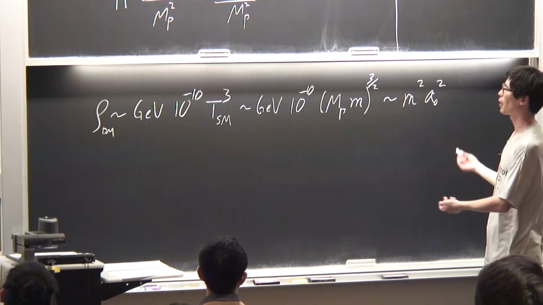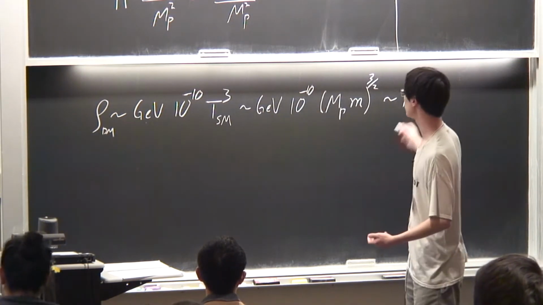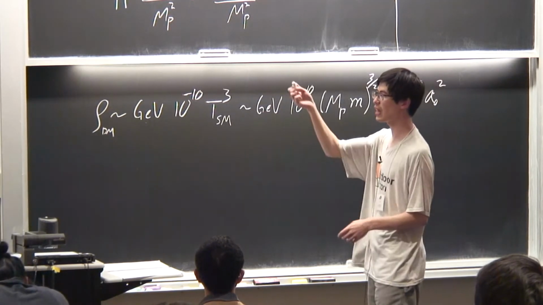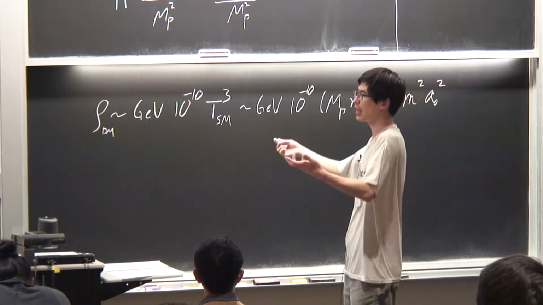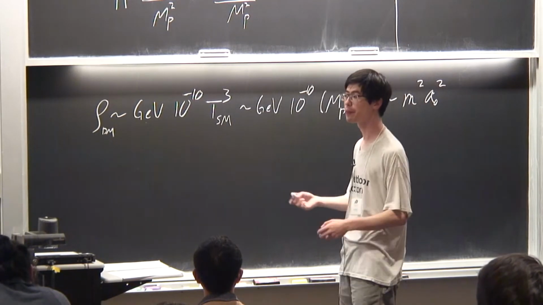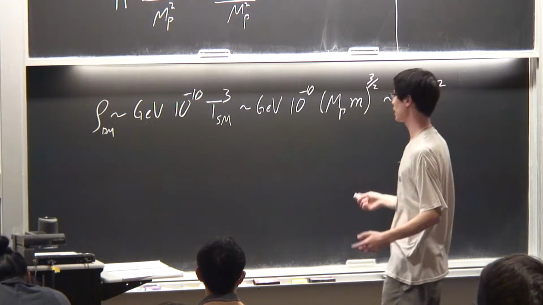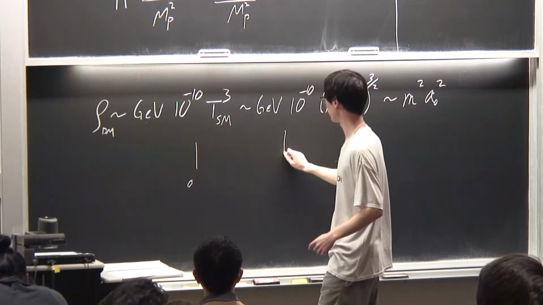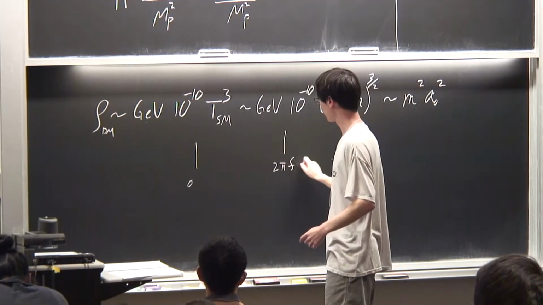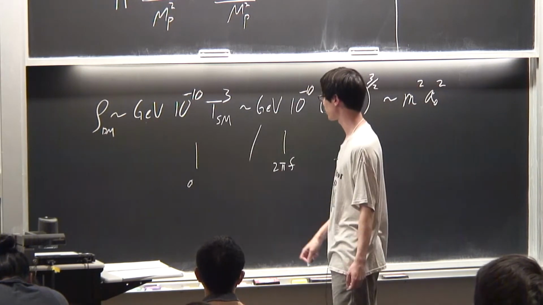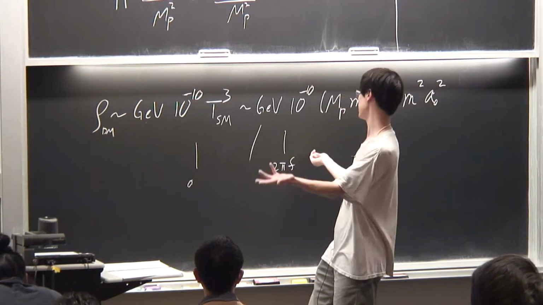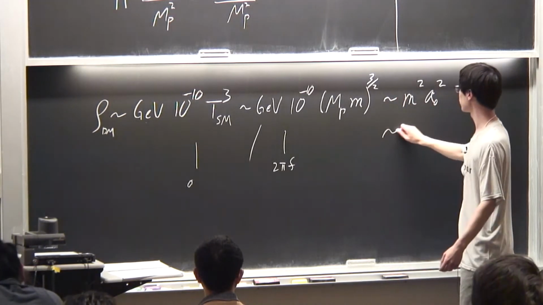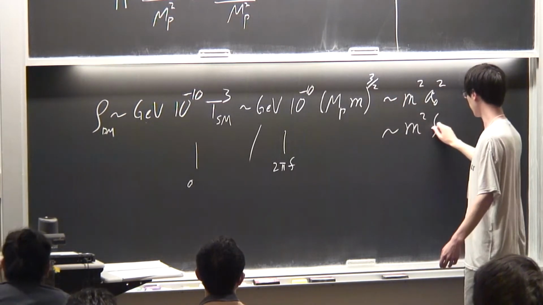Well, at least in the case of the axion, and usually in the case of these particles, it's a compact field, e to the i A over F. And so a natural value is to say it's of order F, because the field range of A goes from 0 to 2 pi F. And so you say a random point is some value, let's say pi times F or something like that. So this usually scales as m squared F squared.